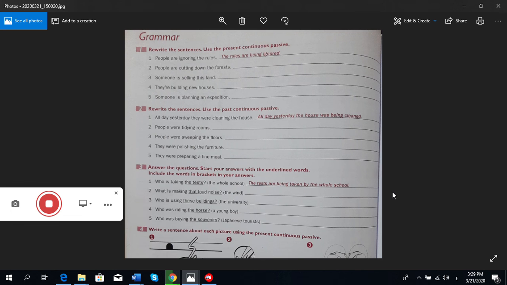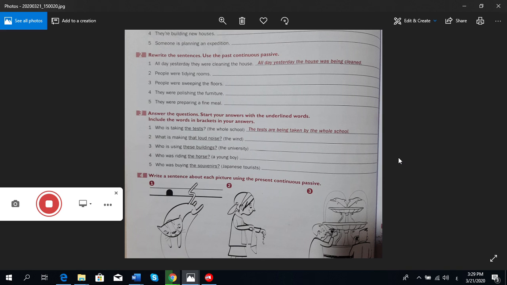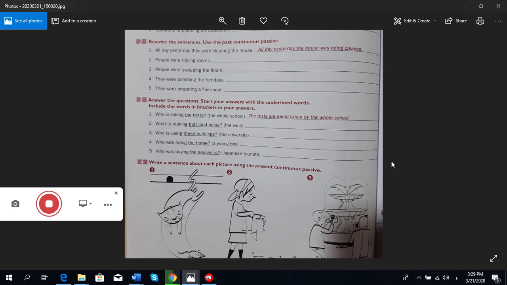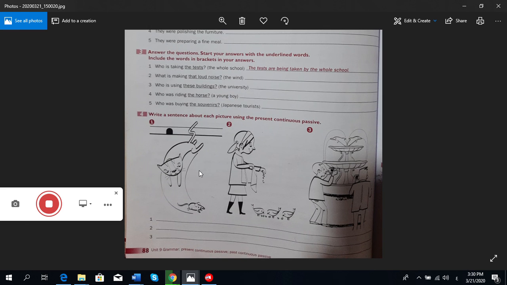Okay? And that's it. And the last exercise on this page, write sentences using each picture using present continuous passive. Here only use the present continuous. Okay? Just write sentences. Look at the picture, then write a sentence. Number 1, this is number 1. 2, this is number 2. And 3. This is on page 88.